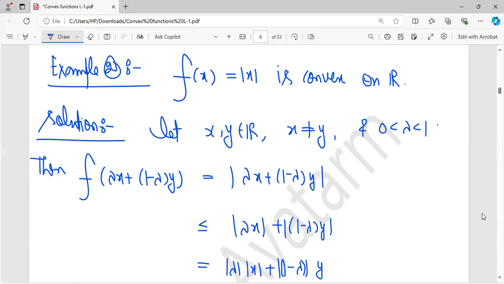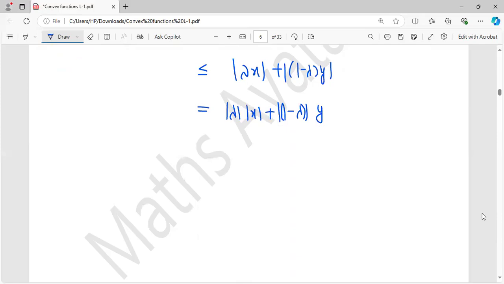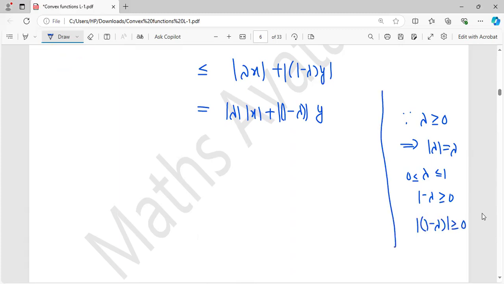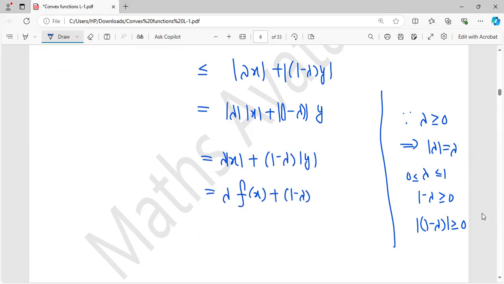Because lambda is non-negative, and lambda is less than 1, because lambda is in this range, 1 minus lambda is also non-negative. So what is this? This is lambda mod x plus (1 - lambda) mod y. So this is lambda f(x) plus (1 - lambda) f(y).